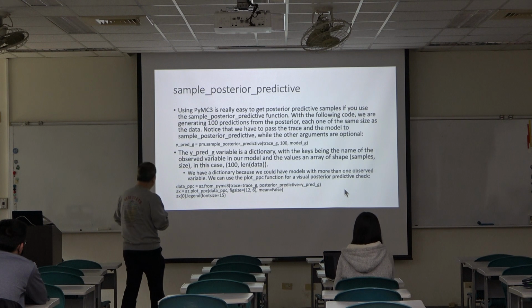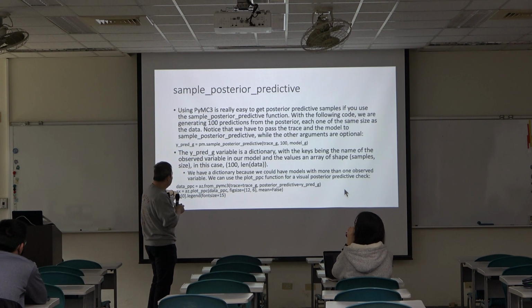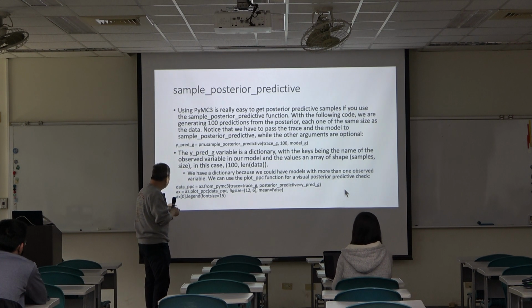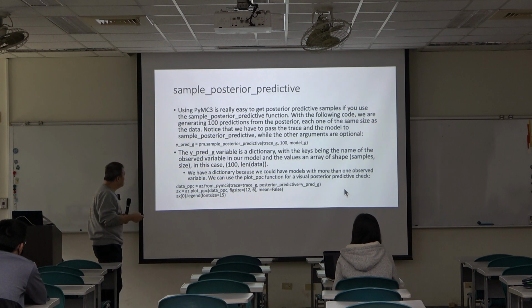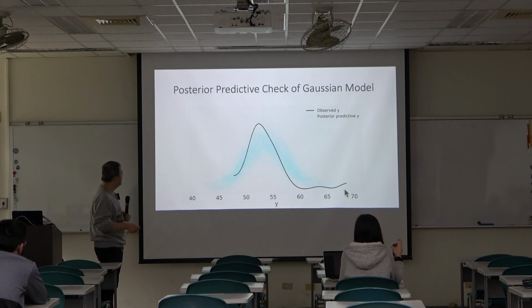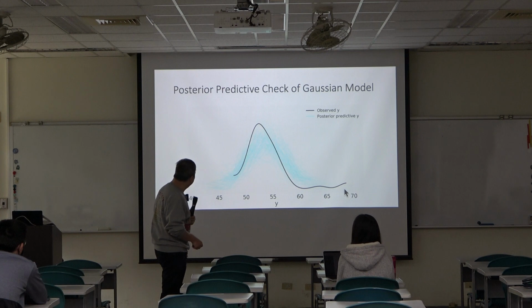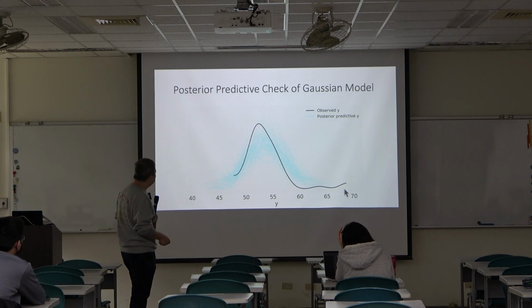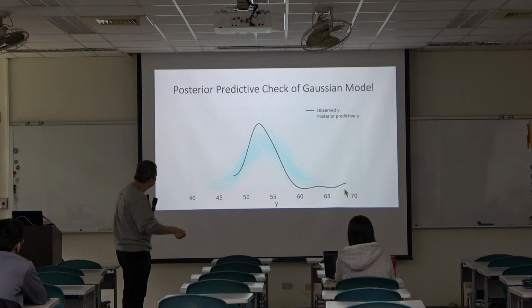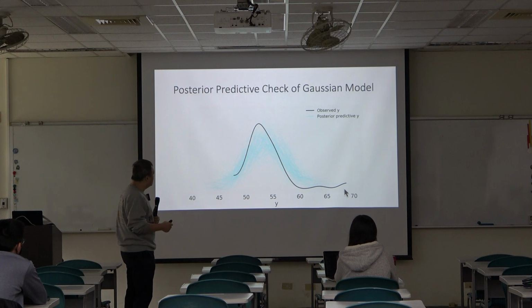So here is the code that we plot this next figure. If you still remember, the dark line represents the observed y, the kernel function of the observed y.